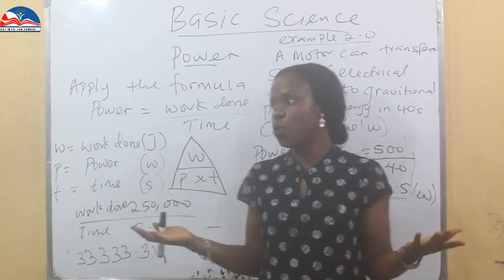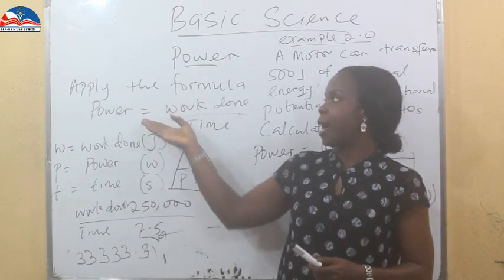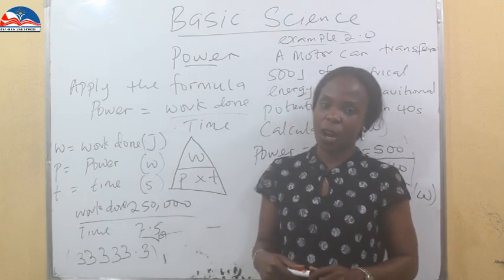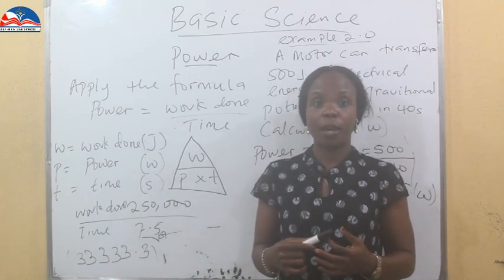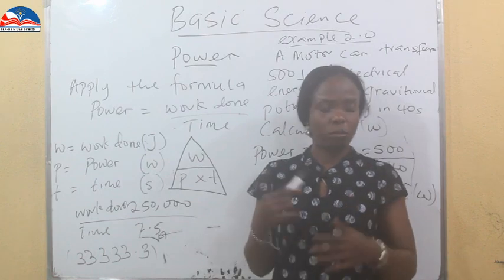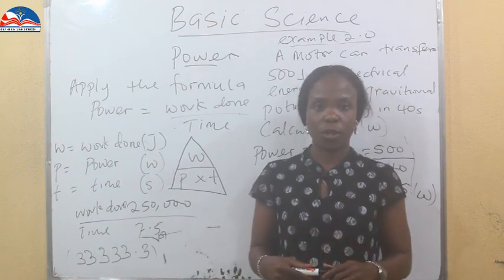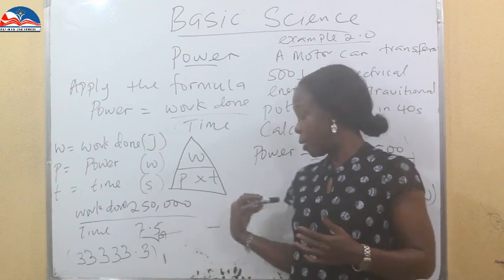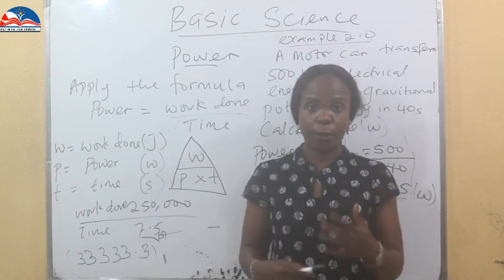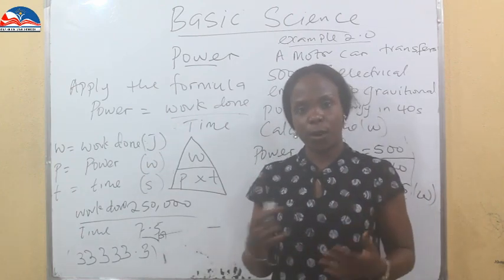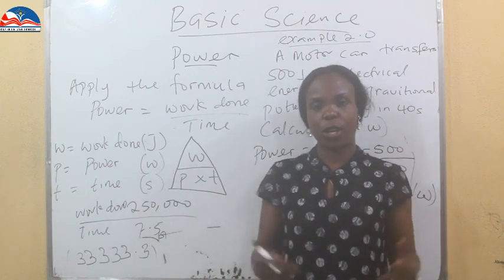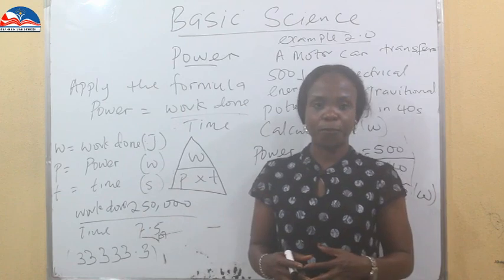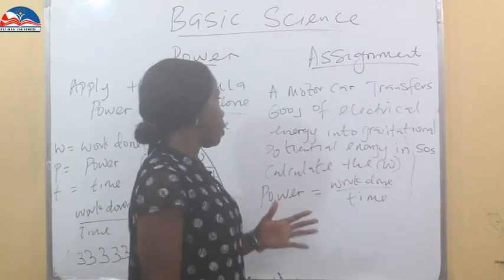So we've been able to use two examples to apply our formula on work. I know if you lay your hands on any question, you will be able to solve it. I'm going to give you one example on the board, and then you go try it out. I'll give you the final answer, but you will go and try it out. It's going to be an assignment.